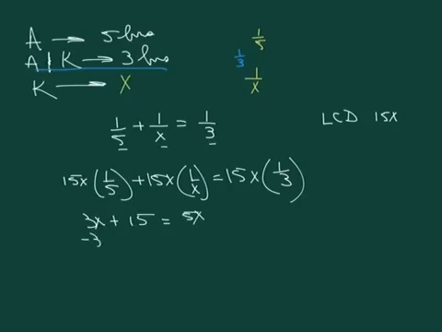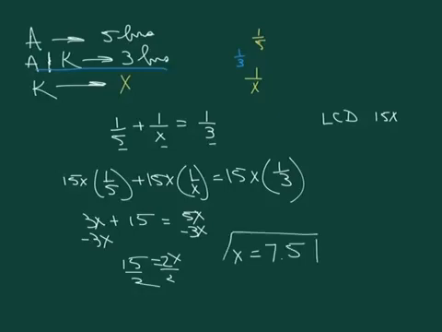And subtract 3x, subtract 3x, so 15 equals 2x, divide by 2, divide by 2. So Caitlin could clean that whole house in 7 1/2 hours. She's a little bit slower than Allison, but 7.5 hours for her to clean the house by herself.